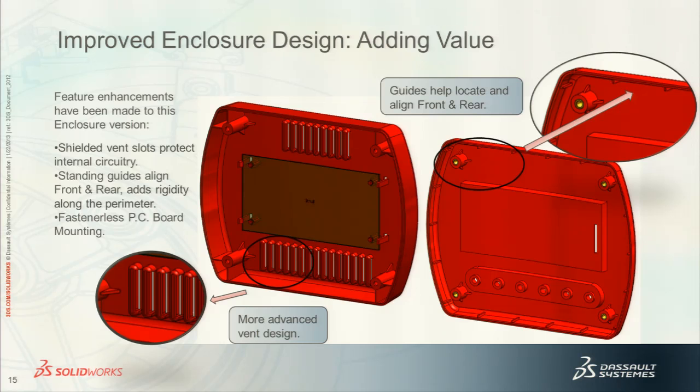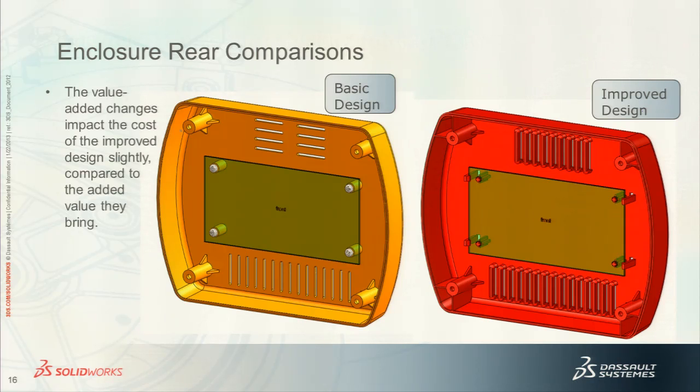These little posts will help keep everything seated, and that really does not cost you a lot of money in adding it to the tool. So here's a side-by-side comparison, straight slots versus the improved design where moisture would be harder to find access.